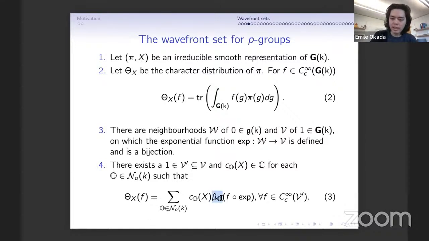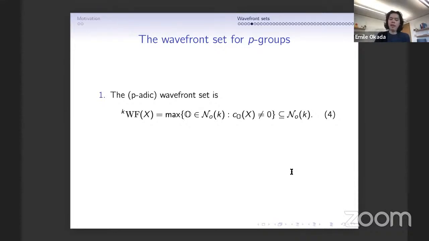It's not so important what this is. It's just that for every nilpotent orbit, there's a way to attach a measure on it, and then you get a distribution just by restricting the function. Things converge. That's an issue, but you don't need to worry about this in the p-adic case. The key thing is that the nilpotent orbits feature in this distribution, and the p-adic wavefront set is just defined to be the maximal orbits which occur in this expression.